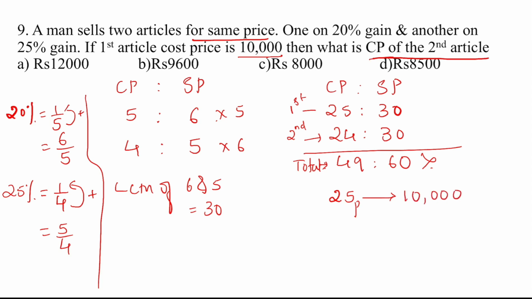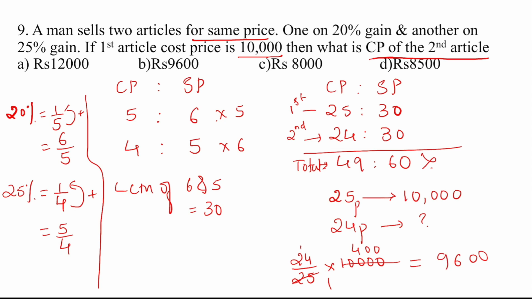So the cost price of the second article in parts is how much? 24 parts is how much? So it is 24 divided by 25 into 10,000. 25 ones are 25, 4s are 100, double 0 will remain. So double 0, 4 4s are 16, 4 2s are 8, 9. 9,600 is the cost of the second article. Option B is the answer.